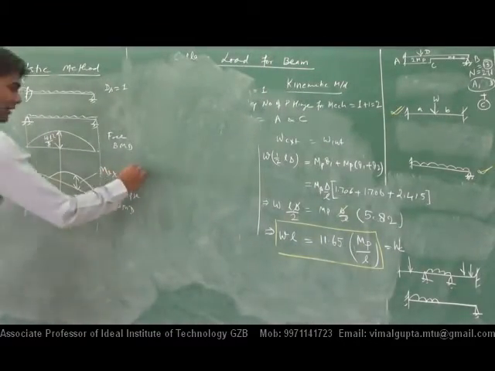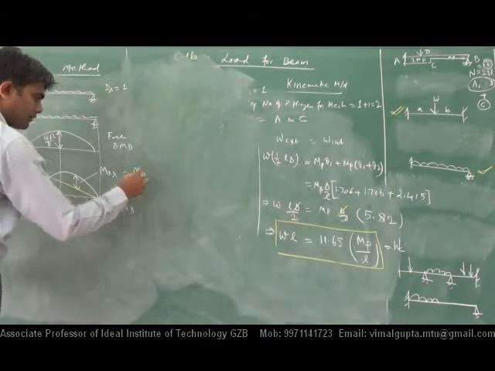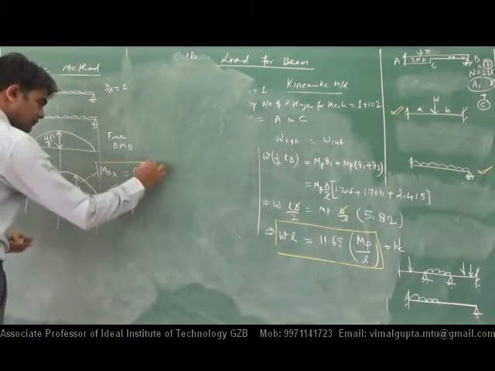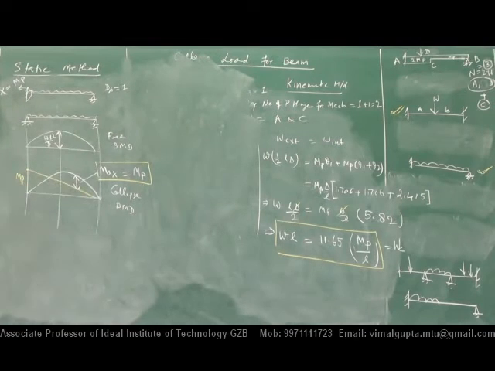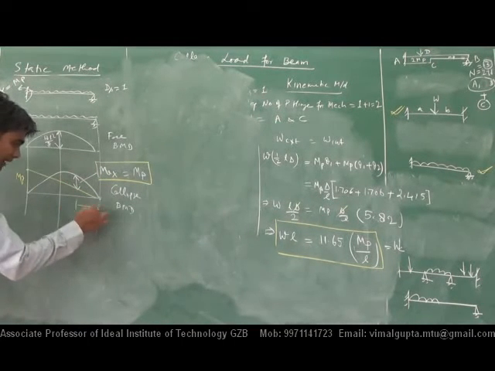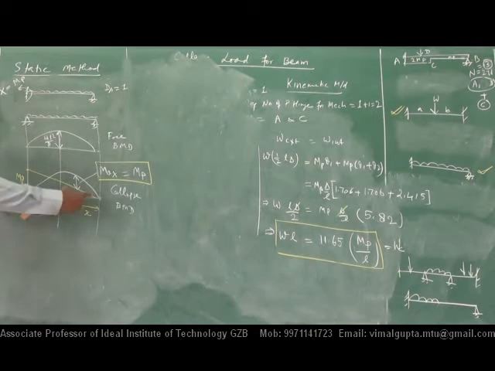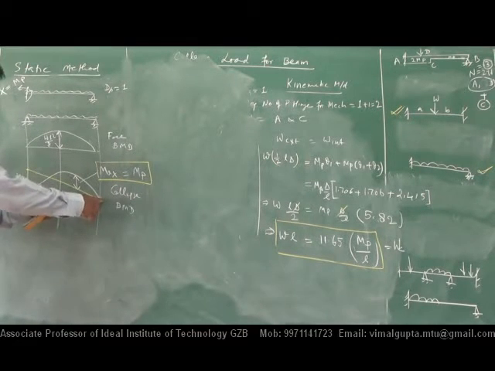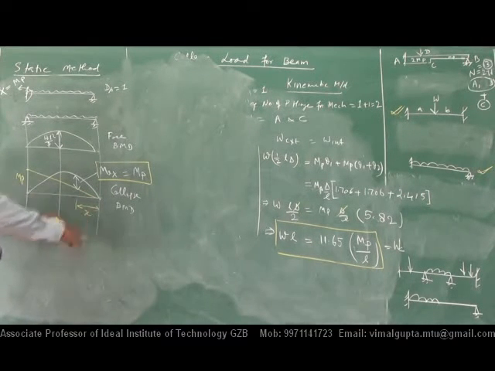That maximum value will be MP. That maximum ordinate will be MP. And we do not know the value of X. We do not know that value. So write it as X.